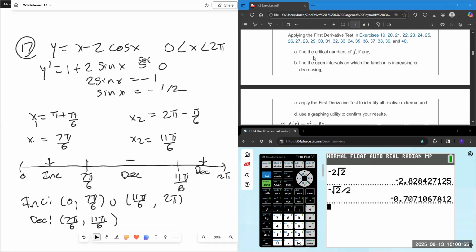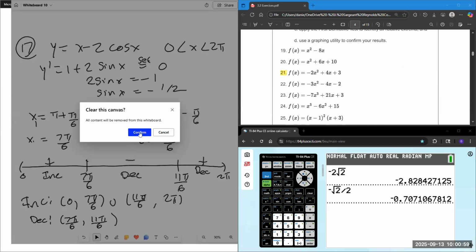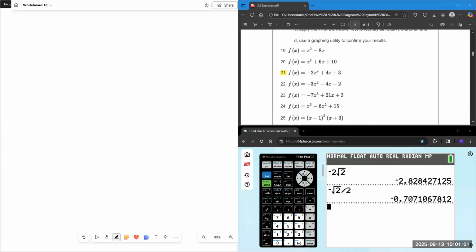Let's look at number 21. F of x is equal to -2x squared plus 4x plus 3. So f prime of x is equal to -4x plus 4.